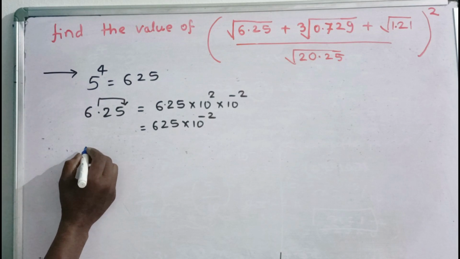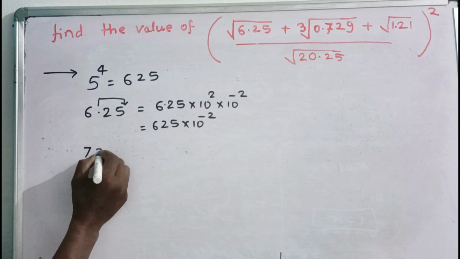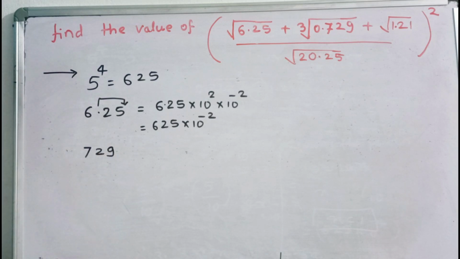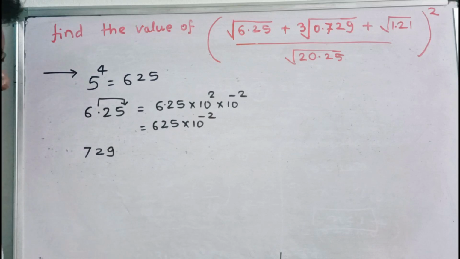Same way, 729 is 3 raised to the power 6.